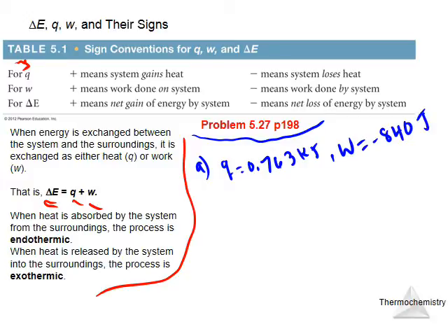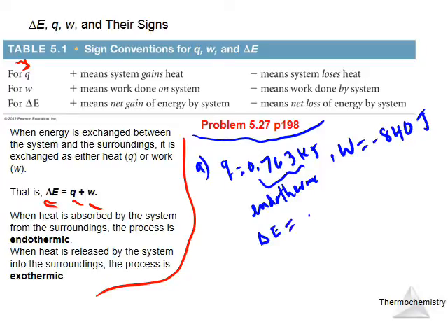You need to calculate delta E and also write down whether it's exothermic or endothermic. Now Q is positive, and positive means energy is absorbed, and that's an endothermic process. So that's endothermic. Now let's calculate delta E, which is given by Q plus W.